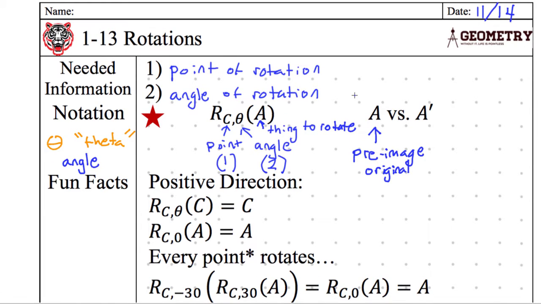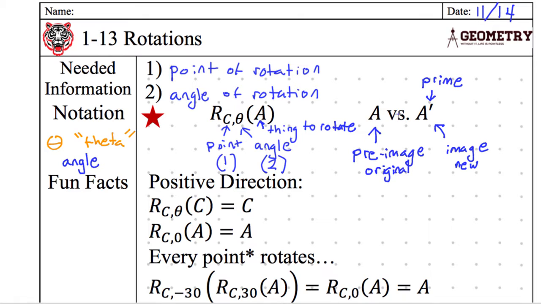All right, so that's the pre-image. That is the original. If there's no prime, it's the original. This thing right here is called a prime, like Amazon Prime. If it has the prime, that means this thing is the image. Quiet raised hand. What is another word for image? Yeah, it's the new one, or the altered one.